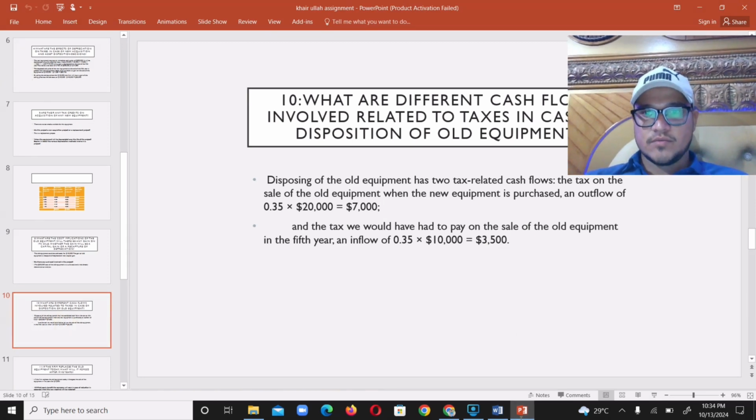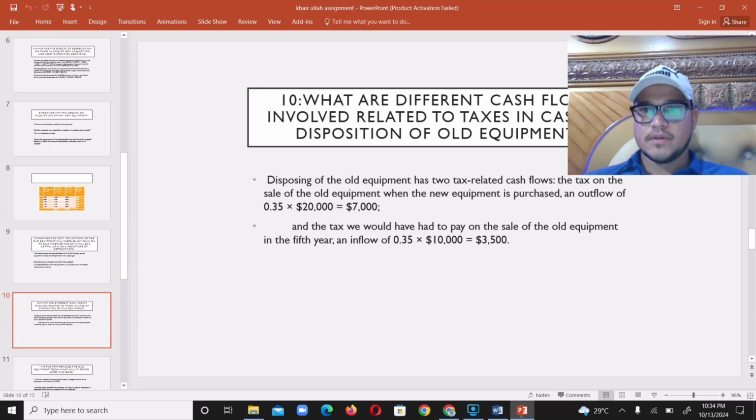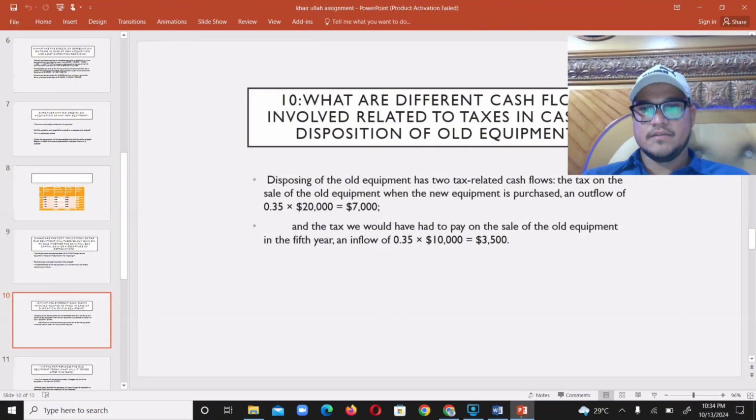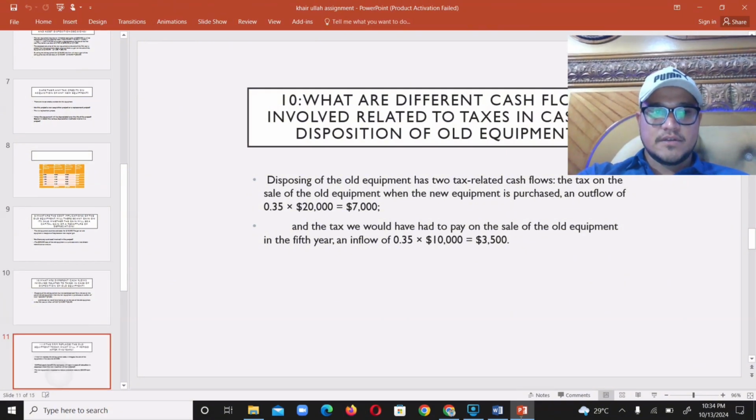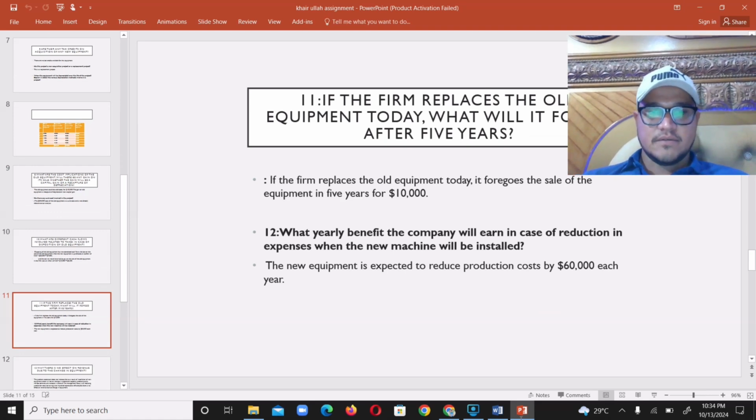Disposition of old equipment has two tax-related cash flows: the tax on the sale of the old equipment when the new equipment is purchased, an outflow of 0.35, meaning 35%, multiplied by 20,000, which is equal to 7,000, and the tax would have had to pay on the sale of the old equipment in the fifth year, an inflow of 35% multiplied by 10,000, which is equal to 3,500. Okay, that's it. We go to the 11th question.